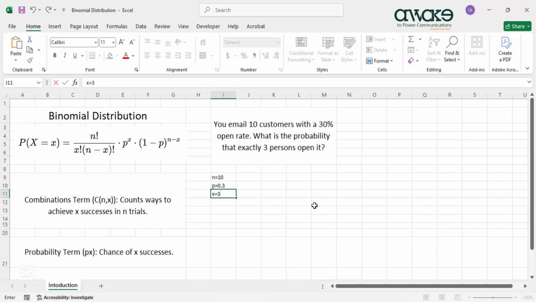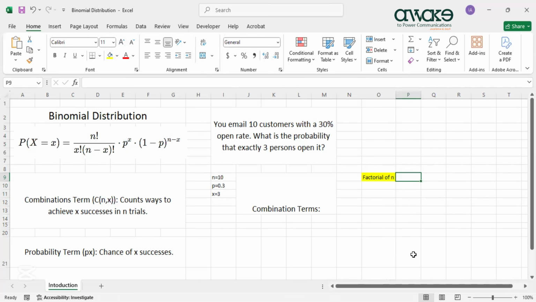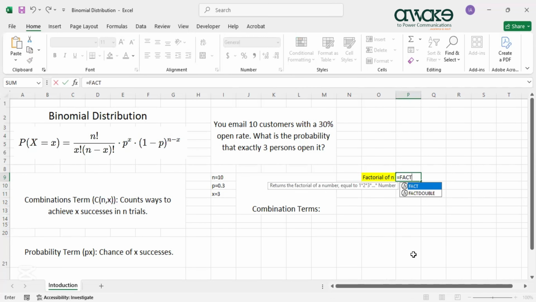We can calculate this manually and then head on to using the binomial distribution function in Microsoft Excel. So in Excel, we can calculate factorial with FACT, right? So factorial of 10.